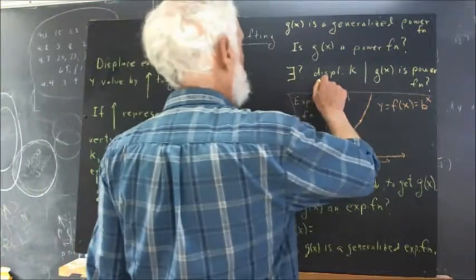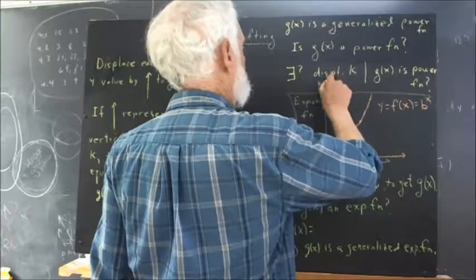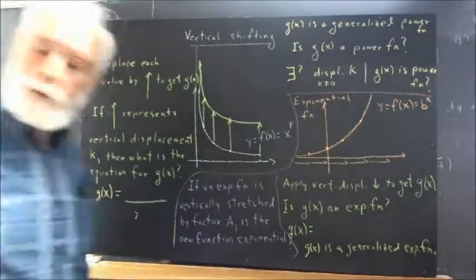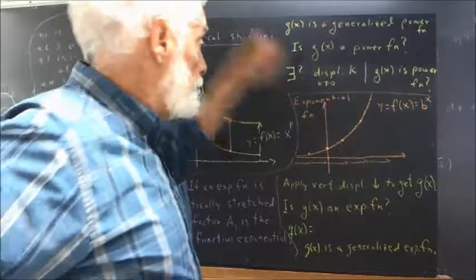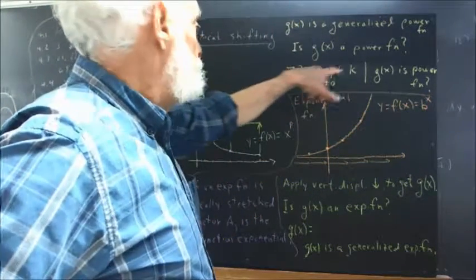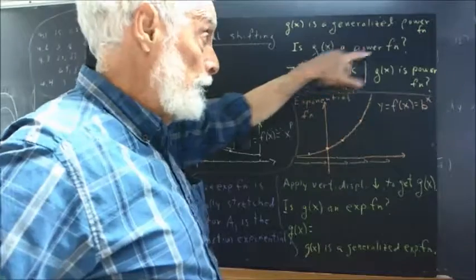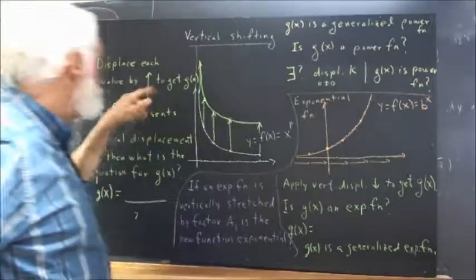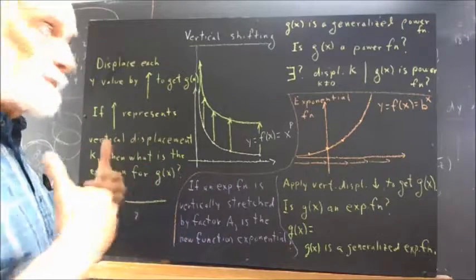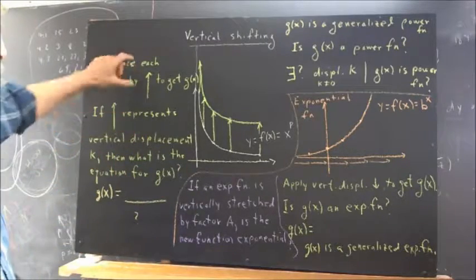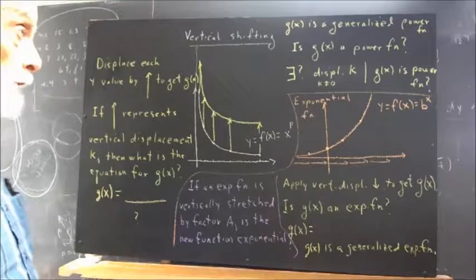Because of course if k equals 0, you haven't changed the function, so it's still a power function. But if k is not equal to 0, does there exist any non-zero k for which this g of x would be a power function?